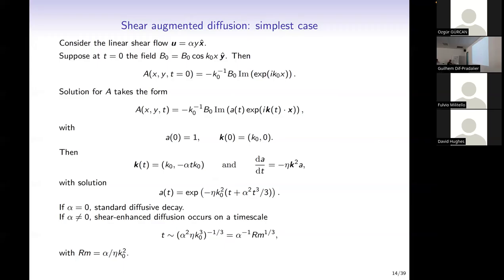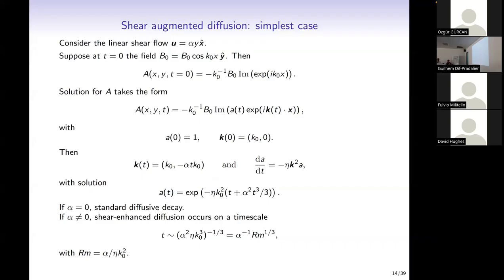Two things to note. One, initially at t equals naught, the wave vector of the solution is purely in the x dimension. But as time goes on, they tilt more and more. Okay. And it's this tilting of the wave vector, and increase of the wave vector, that enhances the diffusion. So the diffusion has this nice form.